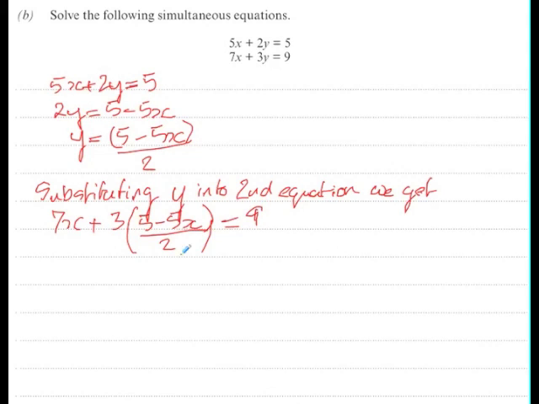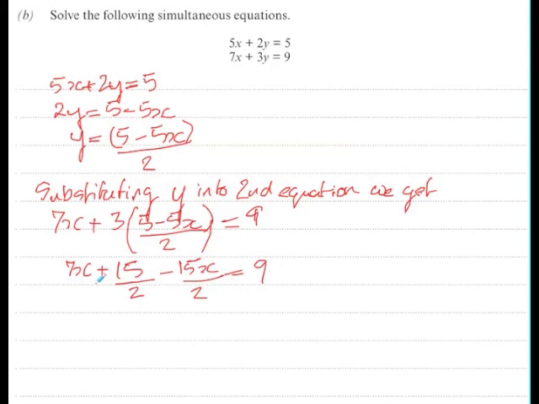So simplifying the equation, what we've got is 7x plus 3 times 5 is 15 over 2. 3 times minus 5x over 2 is minus 15x over 2, equals 9.